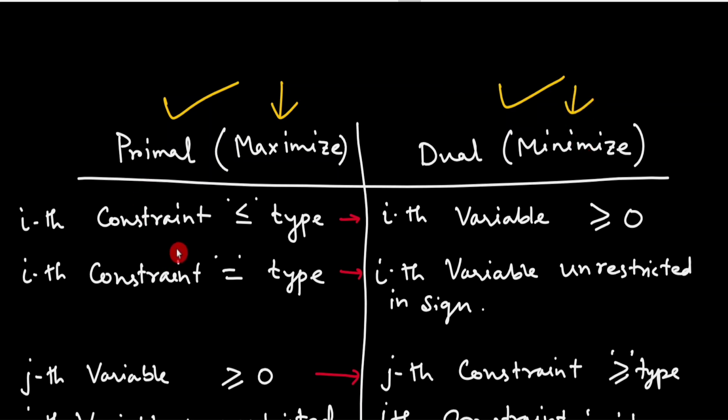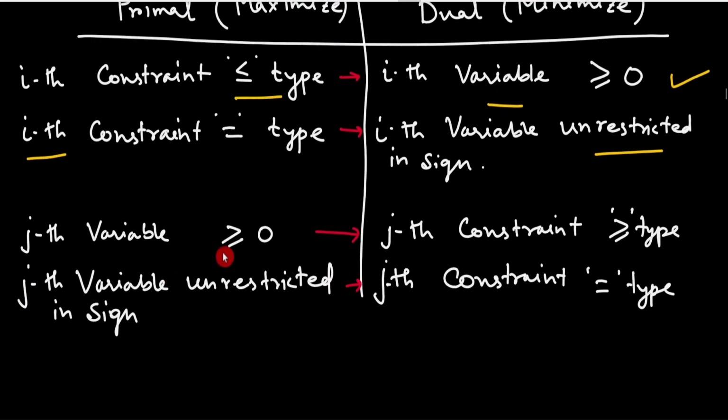Then if the ith constraint is of less than or equal to type, it implies in the dual the ith variable is greater than or equal to 0. If the ith constraint is equal to type in the primal problem, then the ith variable is unrestricted in sign. If the jth variable is greater than or equal to 0, then the jth constraint is greater than or equal to type. If the jth variable is unrestricted in sign in the primal problem, then in the dual problem the jth constraint is of equal to type.